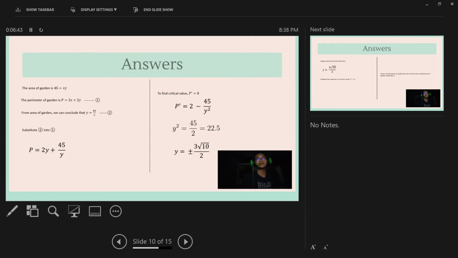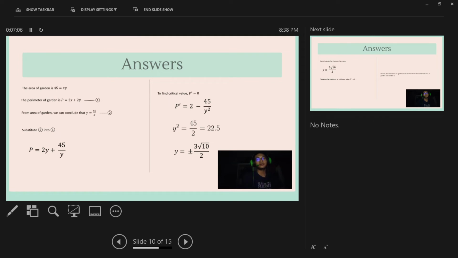From the area of the garden, we can conclude that y is equal to 45 over x, and we substitute the value of y into the p equation, and we will get p equal to 2y plus 45 over y. We do this to make sure that the equation has only one variable.